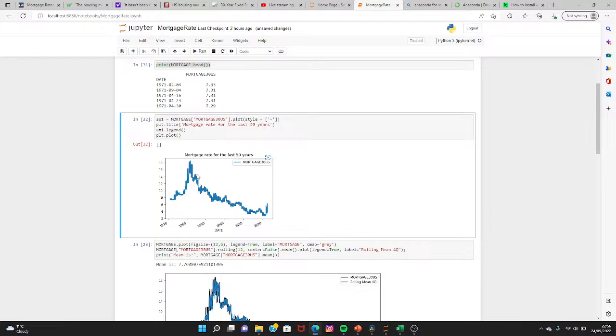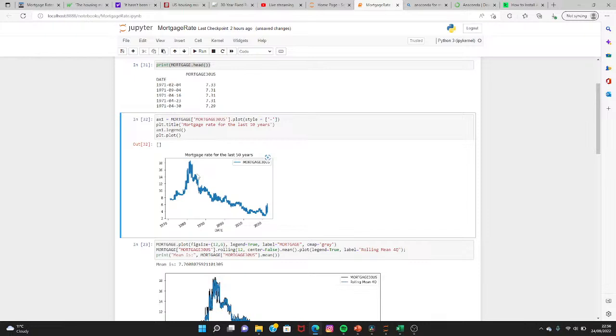I think in the 80s it used to be around 18%. Imagine you have to pay an 18% mortgage rate on your mortgage. I think that's insane. That's like 3 times what we have currently, which is about 6%.